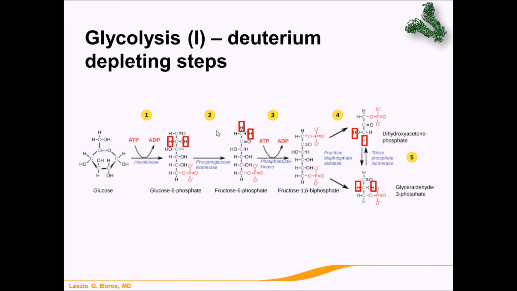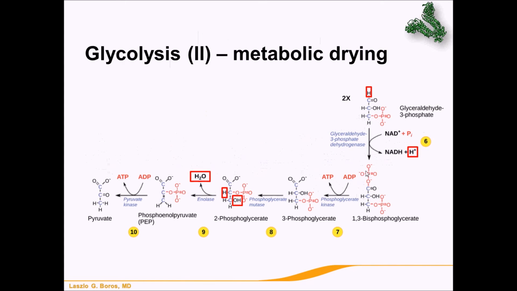So now we are replacing 4 hydrogens, or getting rid of 4 deuteriums, if they happen to be deuteriums, replacing them with hydrogens through phosphoglucose isomerase and triose phosphate isomerase.